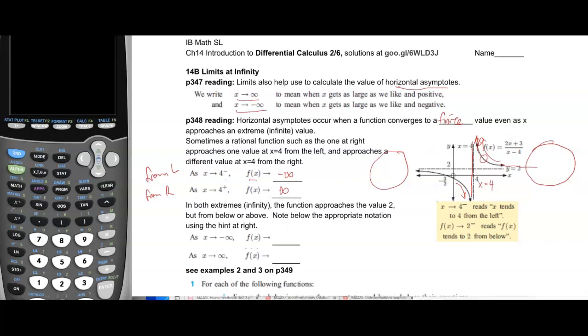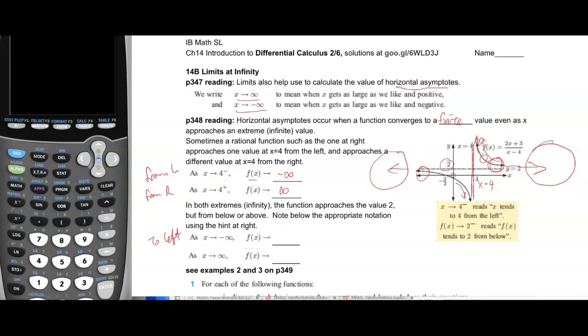When we go very far to the right or very far to the left, notice it goes toward the y value 2. In the case of going far to the right, it's coming from the top. And when we're going to the left, it approaches it from the bottom. So how do we signify that? Let's say we're going to the left here.